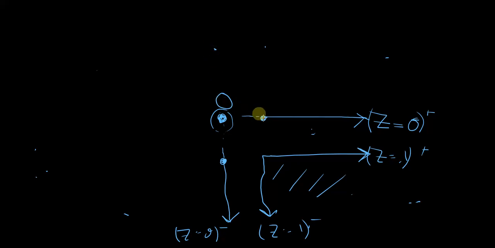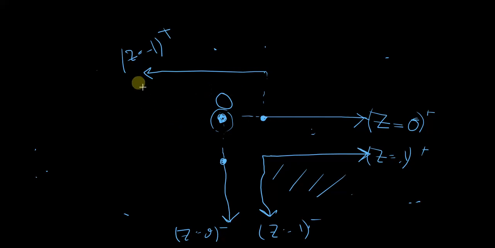Okay, I shouldn't have raised it. It was good. This is z equal minus 1, corresponding to the positive portion of z equal 1. So I draw a positive here. This is the positive portion of z equal minus 1.